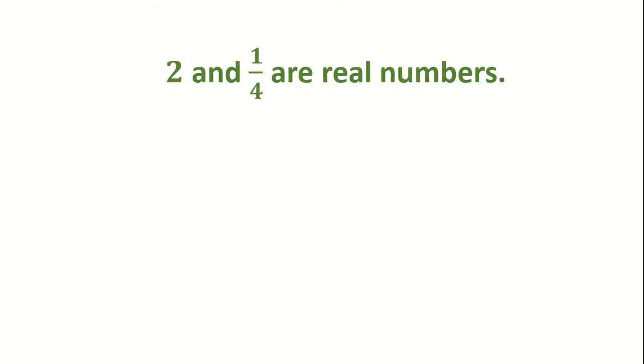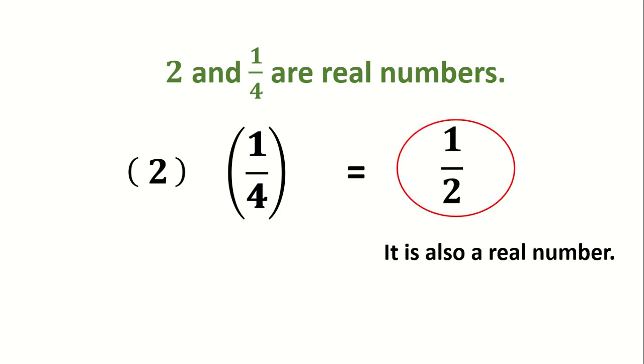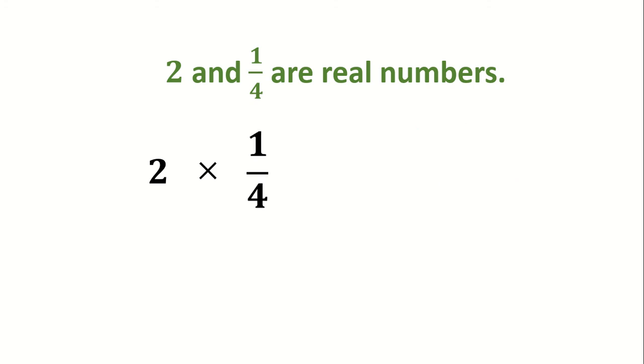So let's try another example. 2 and 1/4 are real numbers, so take note of that. But when we multiply 2 and 1/4, what will happen to our two different real numbers? 2 times 1/4 will result in 1/2. Before we continue, I would like to emphasize something that you would want to apply in the future.